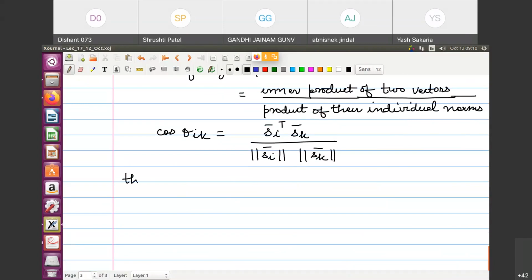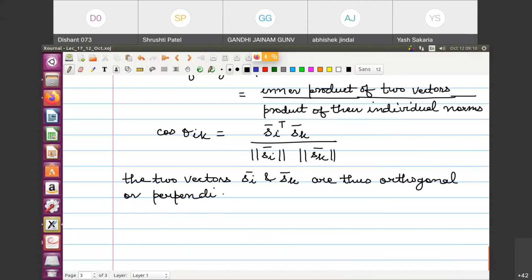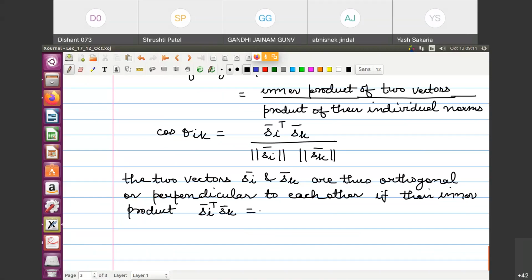So the two vectors, Si bar and Sk bar, are thus orthogonal, or you can say perpendicular, to each other if the inner product Si transpose Sk is equal to 0, in which case theta ik is equal to 90 degrees.